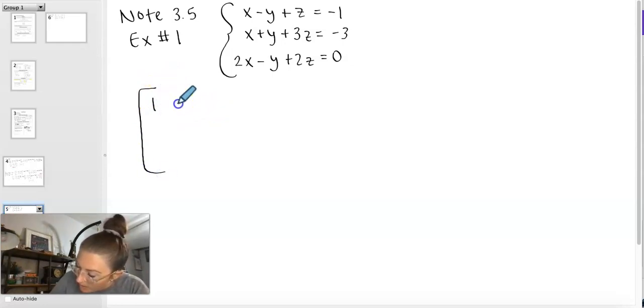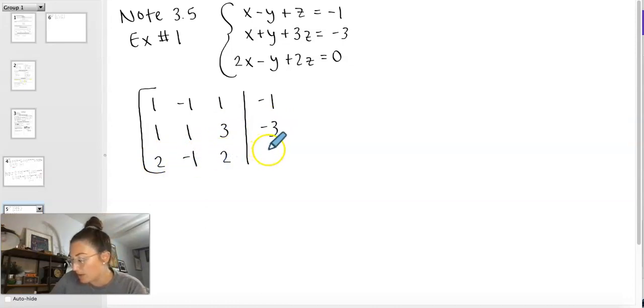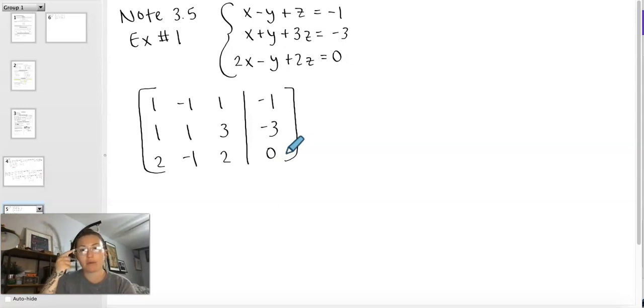We're going to get 1, negative 1, 1, negative 1, 1, 1, 3, negative 3, 2, negative 1, 2, 0. Just because of the way I do it, there are other ways you could do it.